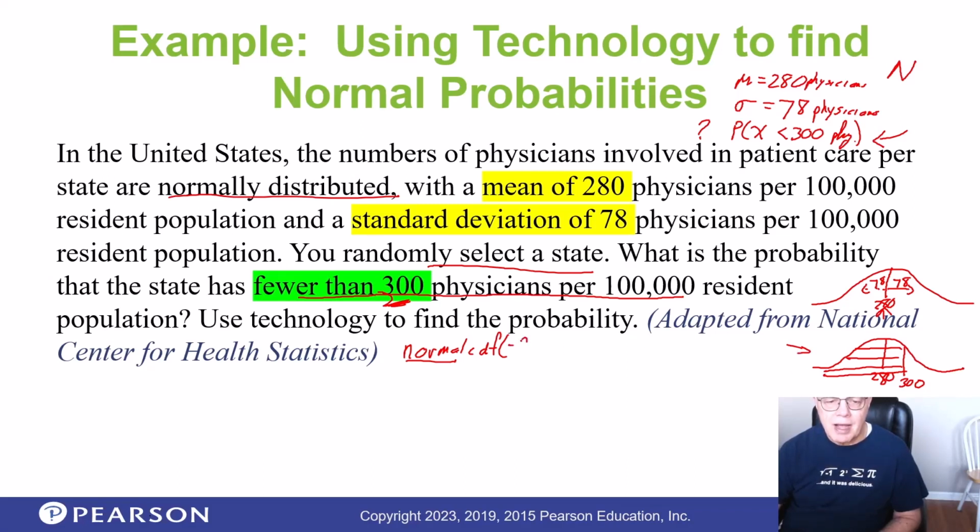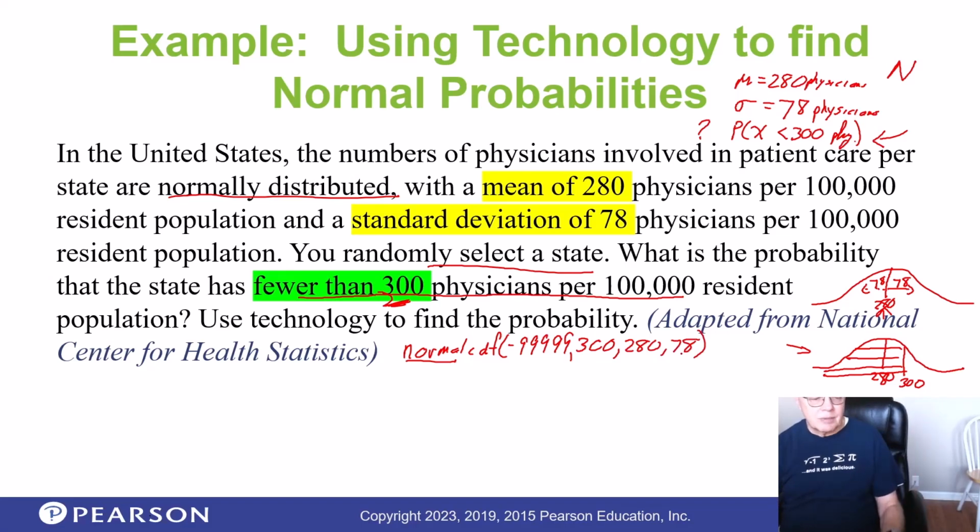I'm going to use my hack here to make it easy to type. I want to go all the way up to 300. Which distribution are we talking about? The normal distribution that has a mean of 280 and a standard deviation of 78.